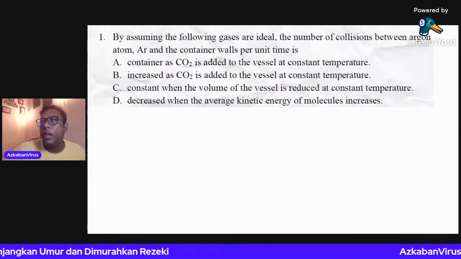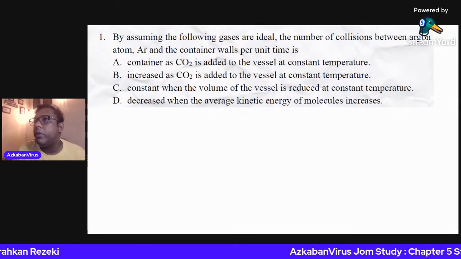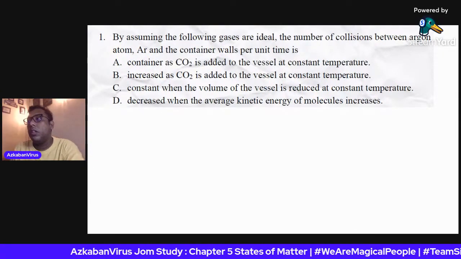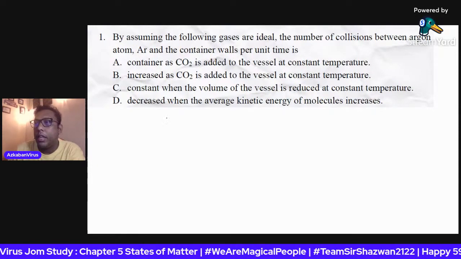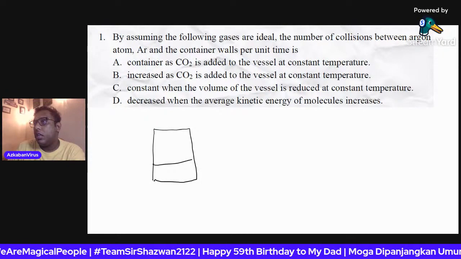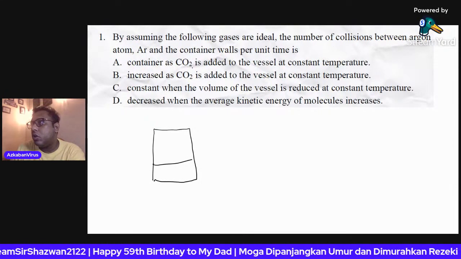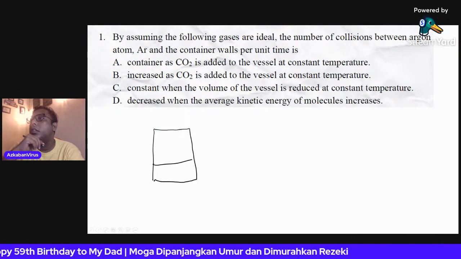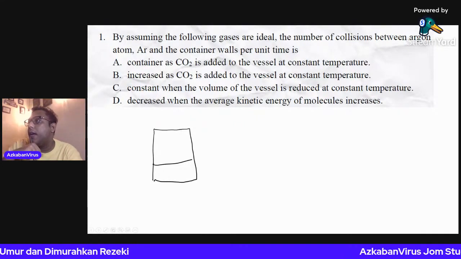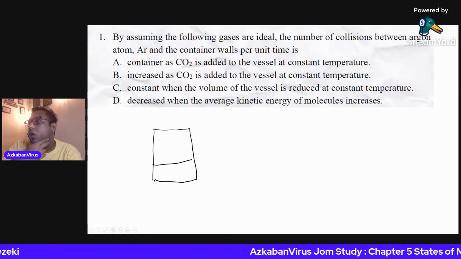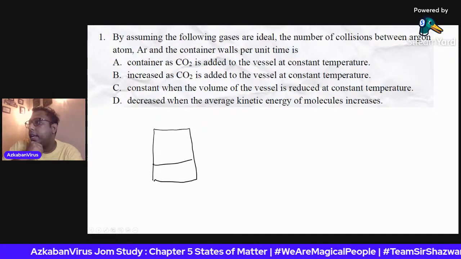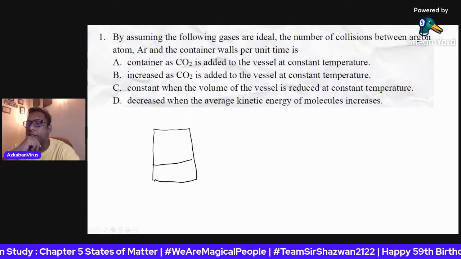Okay, the first question: by assuming the following gases are ideal, the number of collisions between argon and the wall of a container is: increase as CO2 is added to the vessel at constant temperature; constant when the volume of the vessel is reduced at constant temperature; decrease when the kinetic energy of the molecule increases.